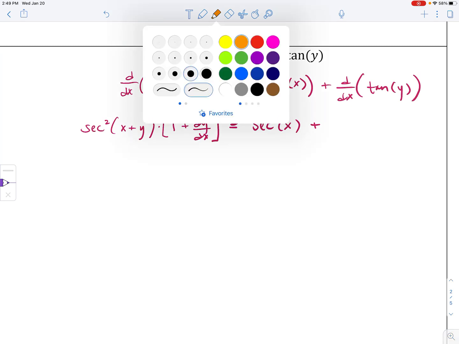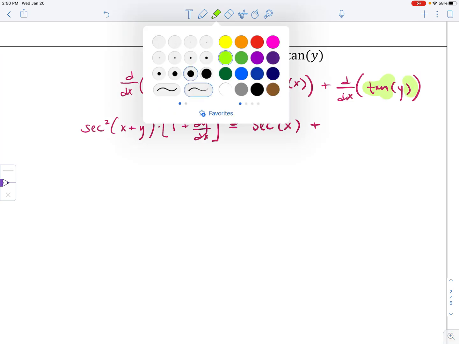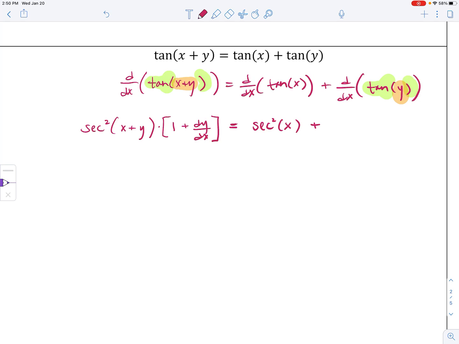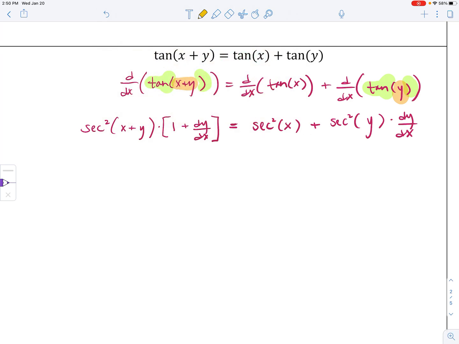Because it would be times dx over dx, or times 1. And for the derivative of tangent of y, tangent is the outside, y is the inside, so derivative of the outside, leave the inside alone, times the derivative of the inside with respect to x.